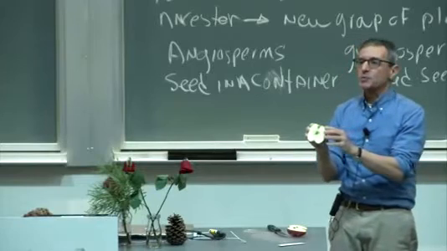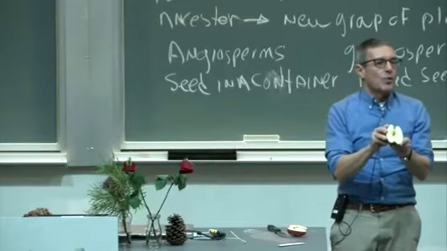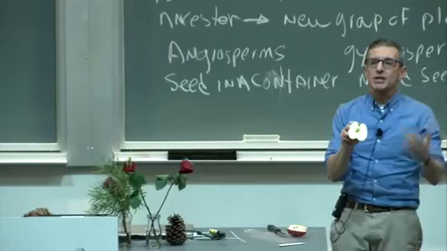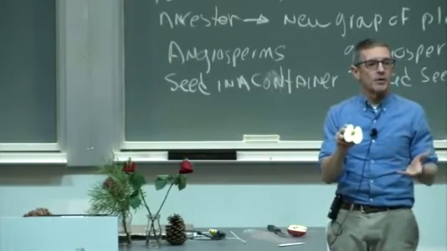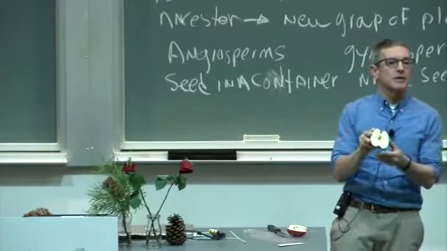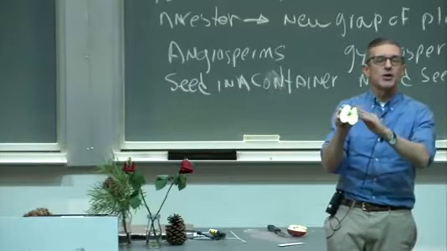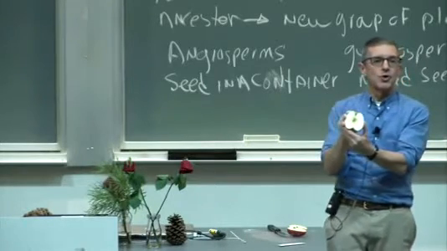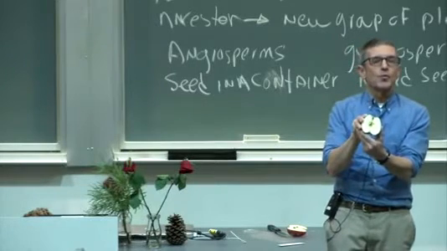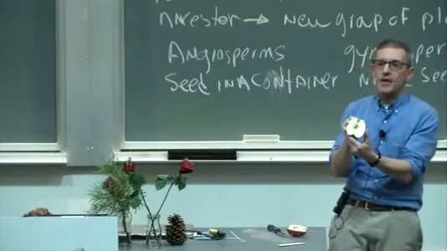They have this extra protective tissue surrounding them, which is one of the great advances of the angiosperms in offering additional protection to the developing embryo, whereas in the gymnosperm, the embryo was potentially exposed directly to the outside. So the seed in the container is this material on the outside, which you know of as a fruit, and this container or fruit wall represents the additional protection that is offered by the angiosperms.